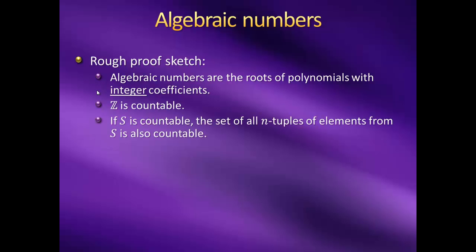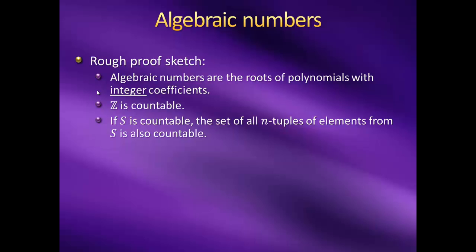It can be shown, though I'm omitting the details here, that if we're taking elements from a countable set, then not only is the set of all ordered pairs of such elements countable, but so is the set of all such ordered triples, ordered quadruples, and so on. In general, as long as n is finite, the set of all n-tuples full of elements from a countable set is guaranteed to itself be countable.